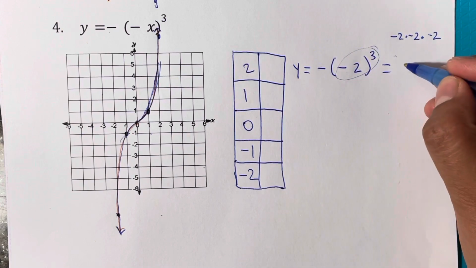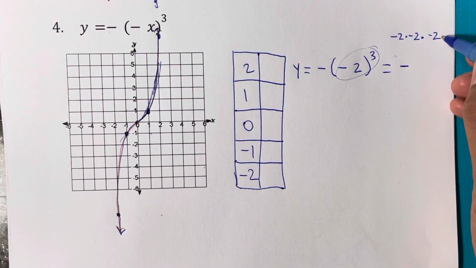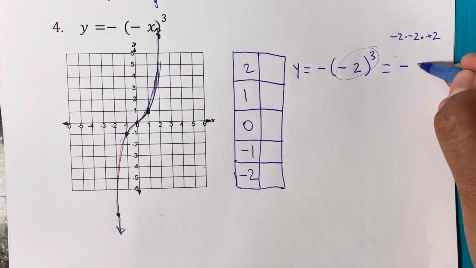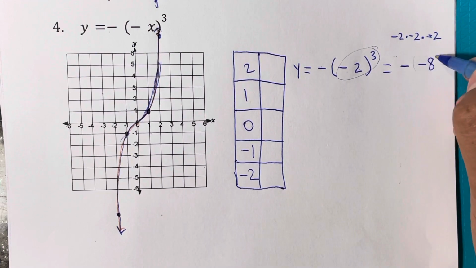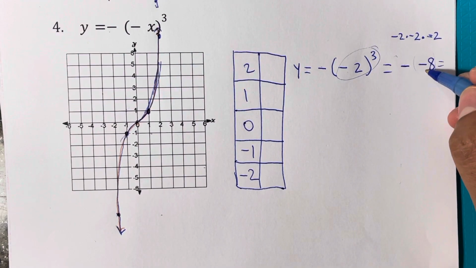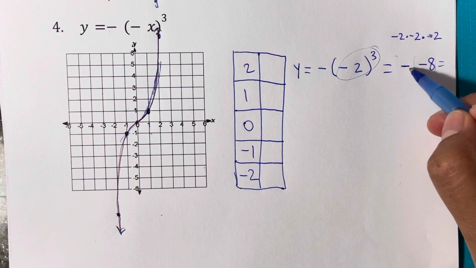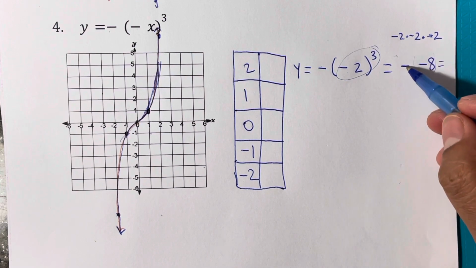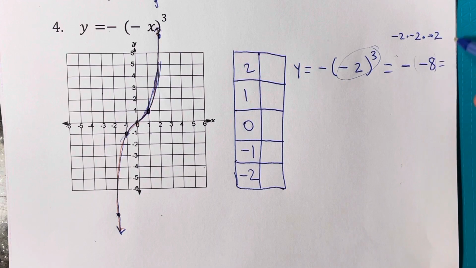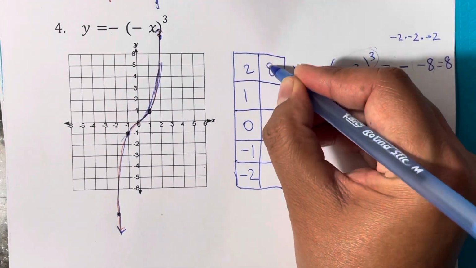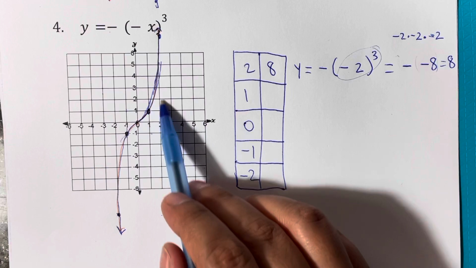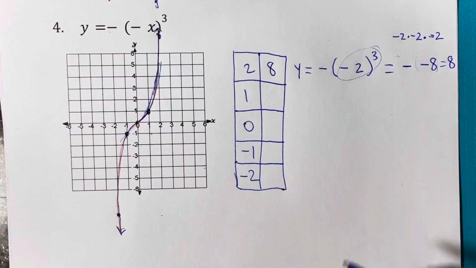So bring over this negative, and the result of this is negative 8. We multiply that, and negative times negative, now because we don't have exponents, we can multiply the signs. So negative times negative is positive 8. See how (2, 8) is exactly at the same place?